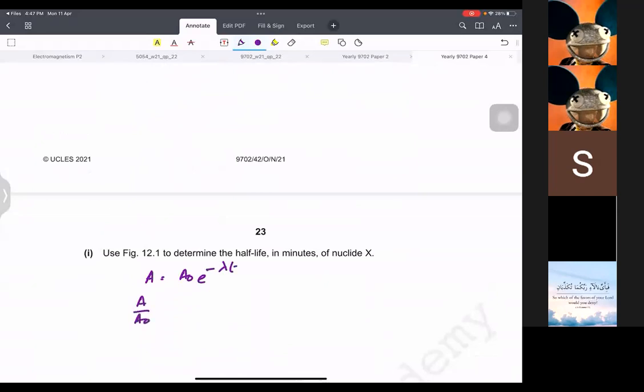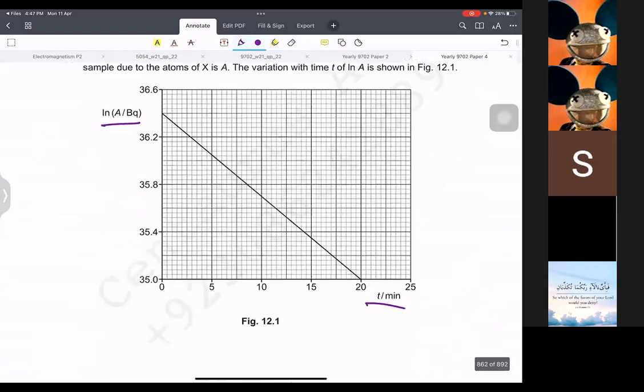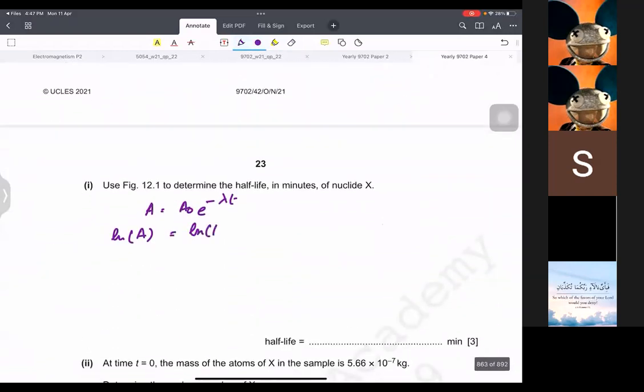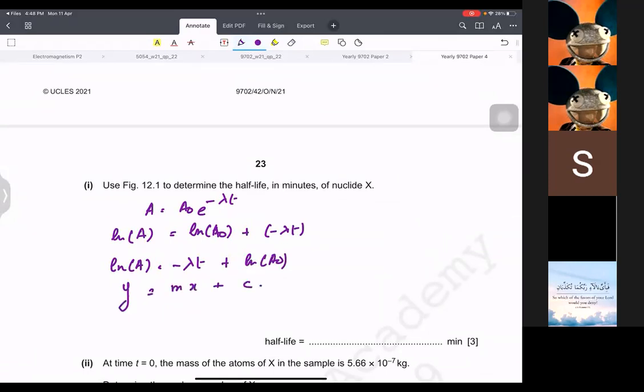We don't do A upon A naught, instead we take ln A because here there is ln A. So this will become ln A naught plus minus lambda t. If you know logs. If you don't understand, let me know. So ln A will be equal to minus lambda t plus ln A naught, which is y equals mx plus c. This shows that on the y-axis we have ln A, on the x-axis we have t. So the gradient is minus lambda. So we have to find this, right?